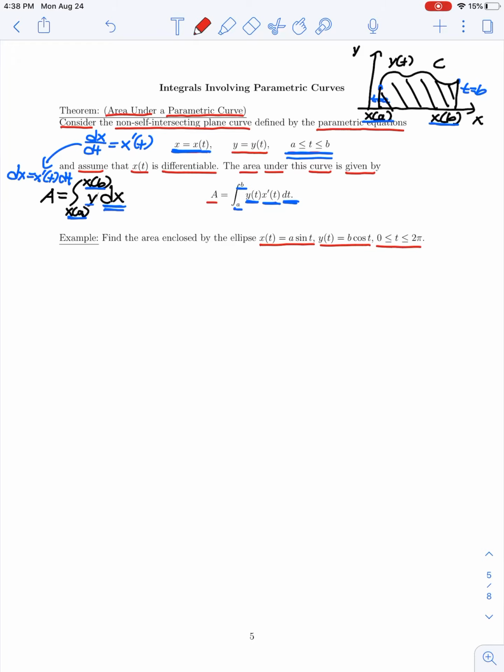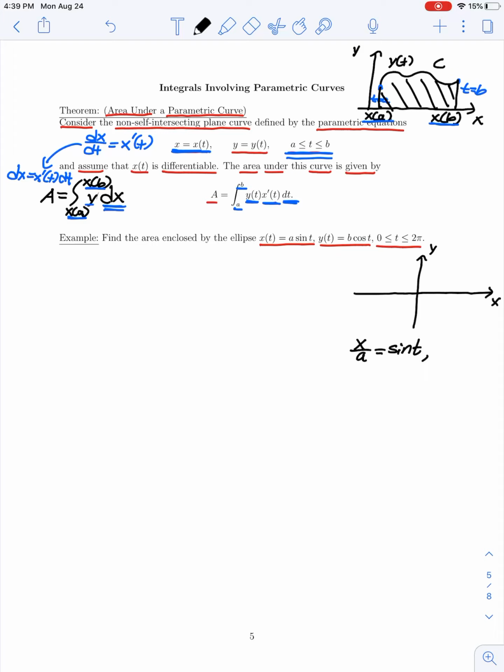So let's see if we could just sketch that ellipse first before we find the area enclosed by it. In the xy plane, let's try to sketch this. How do we know it's an ellipse? Well, from our parametric equations, if I solve my first equation for sine of t, I have x over a is equal to sine of t.